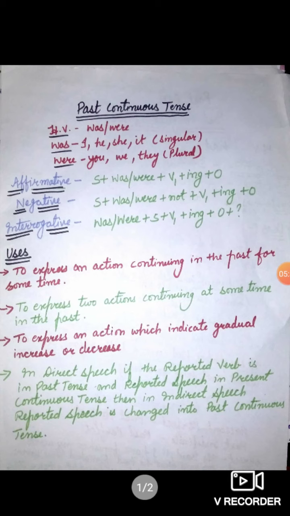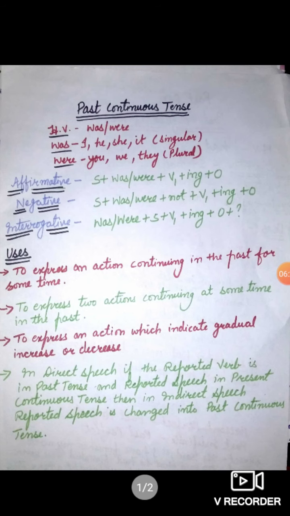We can take another example. Sohan said, I'm coming from my village. We can change it in indirect. Sohan said that he was coming from his village. I hope past continuous tense is clear to all of you.